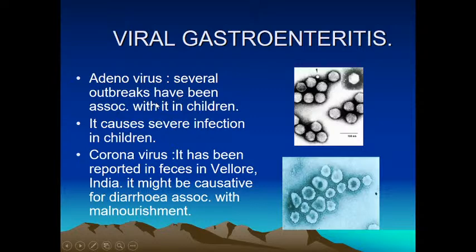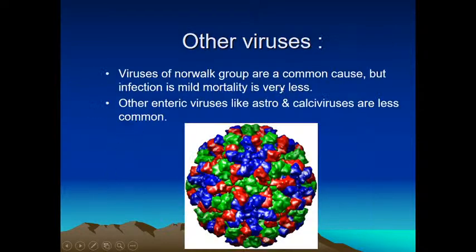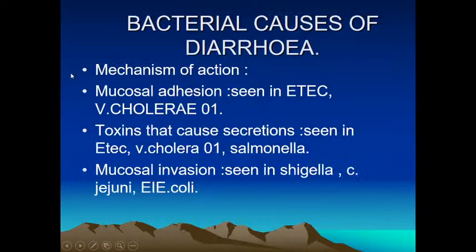Adenoviruses: severe outbreaks have been seen associated with children and can cause severe infection in children. Coronavirus has been seen in diarrhea associated with malnutrition. Other viruses, Norwalk and various caliciviruses, can also cause diarrhea. Then bacterial infections: you have ETEC and Vibrio cholerae and the toxigenic strains.